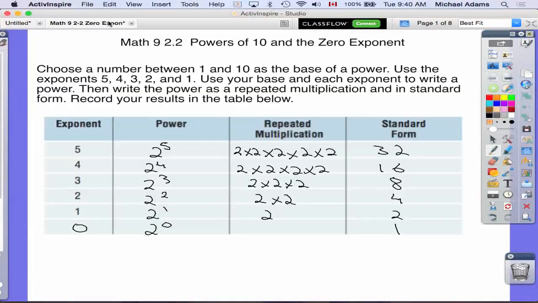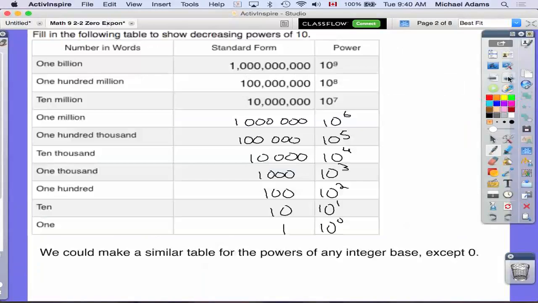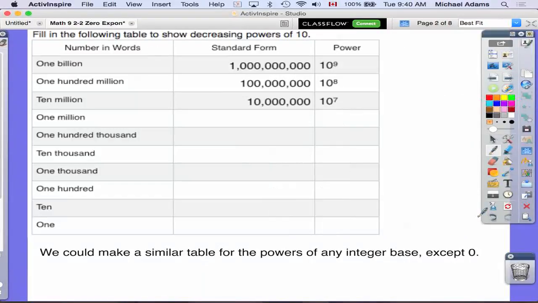Okay, anyways, let's go back to this. Let's take a look at the next thing that we're going to do here. Let's follow this pattern. Fill in the following table to show decreasing powers of 10. So if I have 1 billion in standard form, this is what it is, and as a power, it is 10 to the exponent 9.